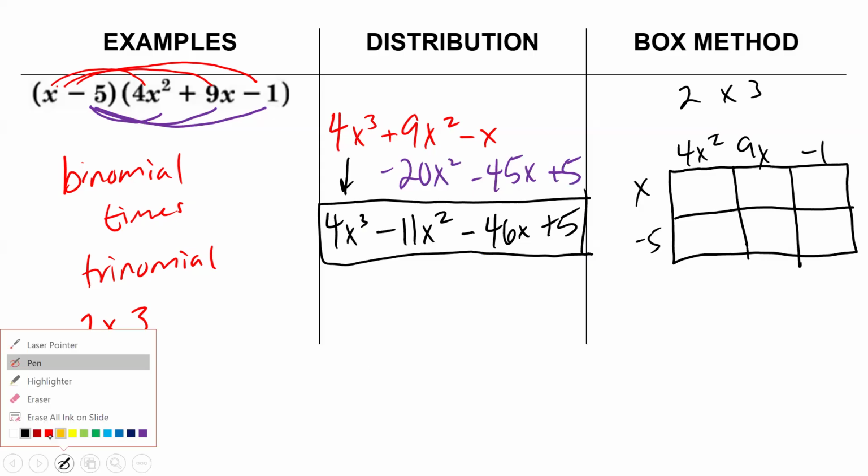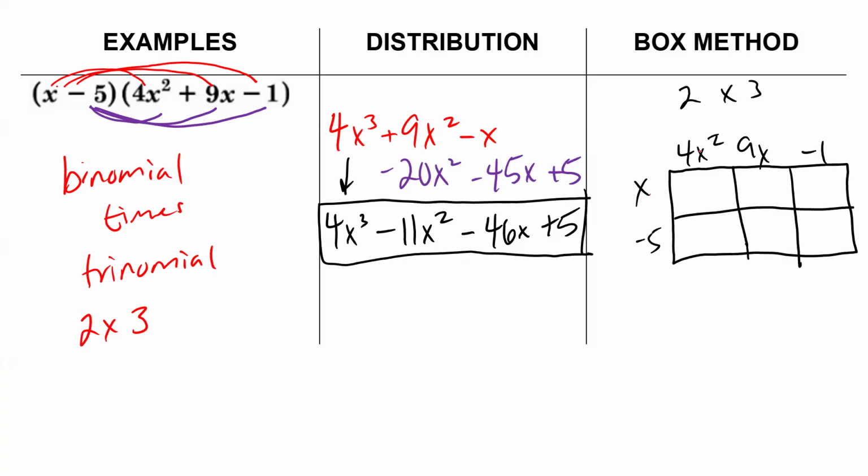And then again, to fill in, all you're doing is multiplying. X times 4x squared is 4x to the third. X times 9x is 9x squared. X times negative 1 is negative x. 4x squared times negative 5 is negative 20x squared. Negative 5 times 9x is negative 45x. And then negative 5 times negative 1 is positive 5.